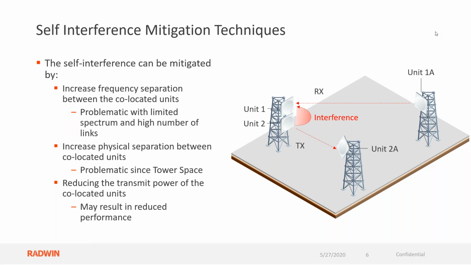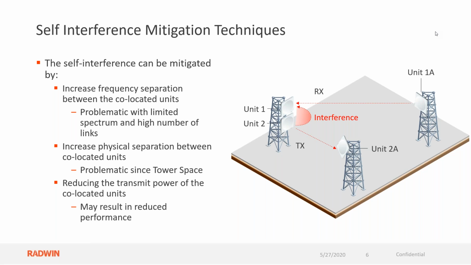The first is to increase frequency separation between collocated units. We need to distribute the frequencies differently, and the gap between the frequencies needs to be bigger, but frequency is not always available. Sometimes it's a licensed band, sometimes an unlicensed band.